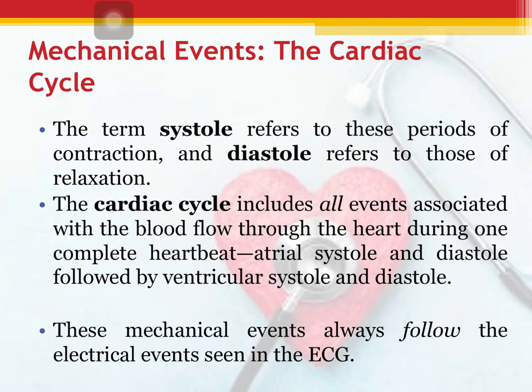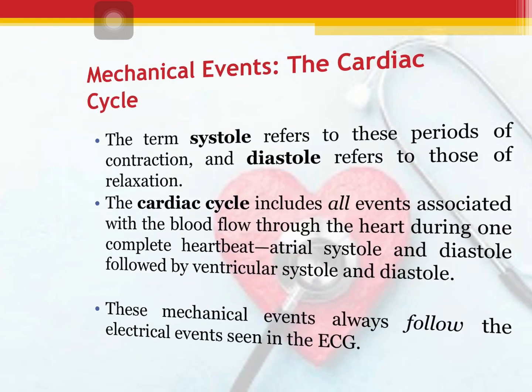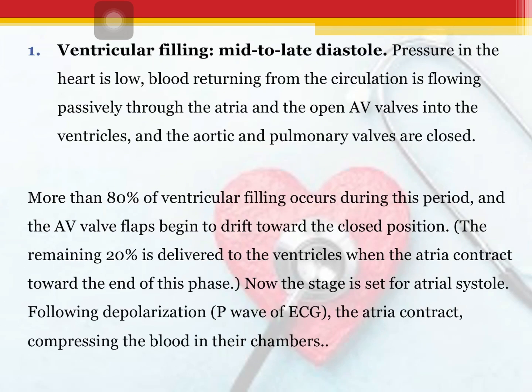The cardiac cycle includes all events associated with blood flow through the heart during one complete heartbeat: atrial systole and diastole, followed by ventricular systole and diastole. These mechanical events always follow the electrical events seen in the ECG because those electrical events cause the muscles to contract.